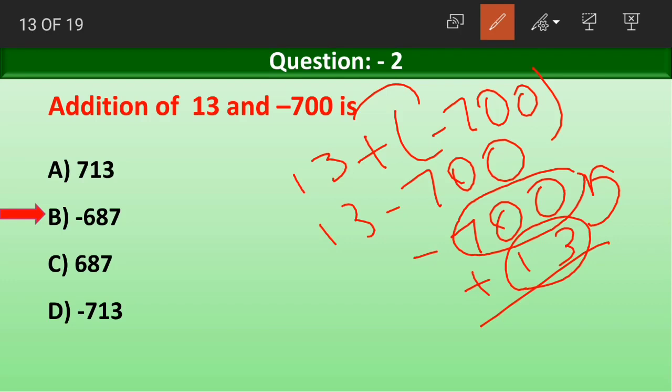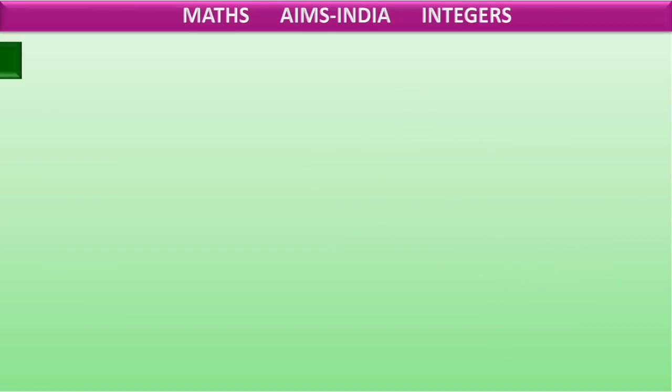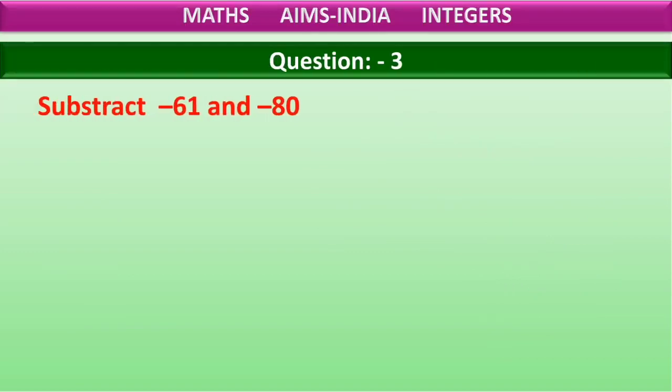If we subtract 13 from 700, we get the answer as 687. Now coming to the sign, 700 has the higher absolute value. It is carrying the negative sign, so the result will also have the negative sign. The answer is minus 687.